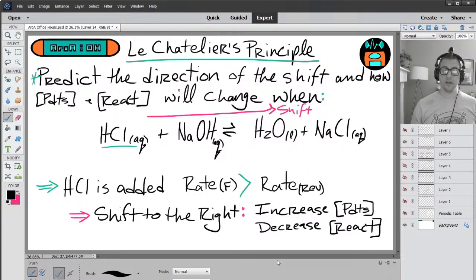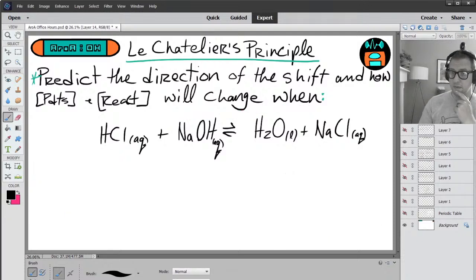All right? So that is the prediction we make based on Le Chatelier's principle if we increase the amount of HCl in this reaction. All right? Let's do another example.